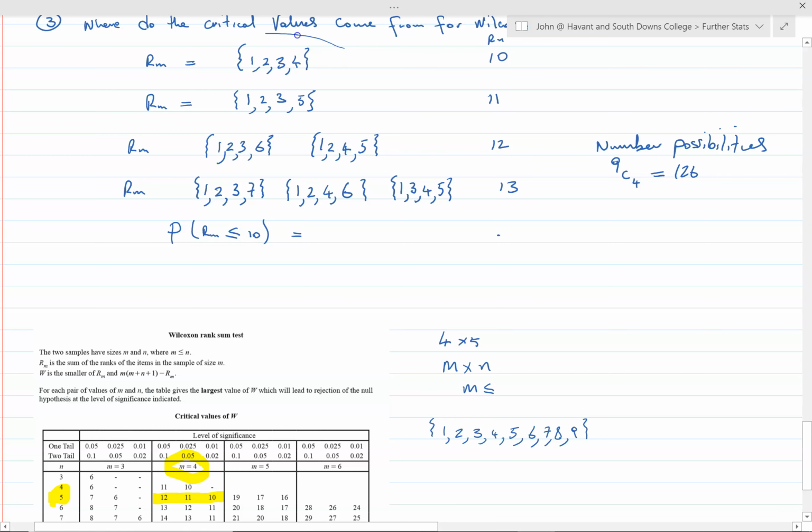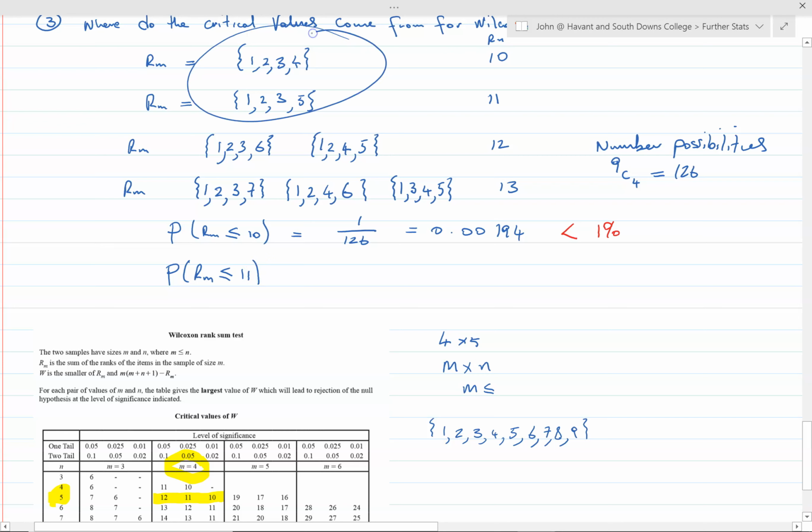The only reason it's unlikely is that there's only one way of getting 10. So it's 1 over 126, which is equal to 0.00794. And the key thing here is that this is less than 1%. Now let's look at the probability that RM is less than or equal to 11, in other words 10 or 11.